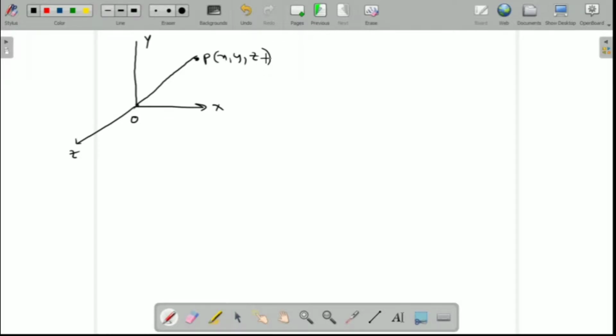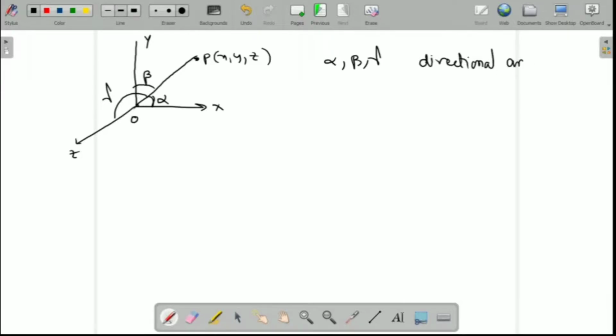Let us consider OP is a line making an angle alpha with respect to the x-axis, beta with respect to the y-axis, gamma with respect to the z-axis. So these angles are directional angles.